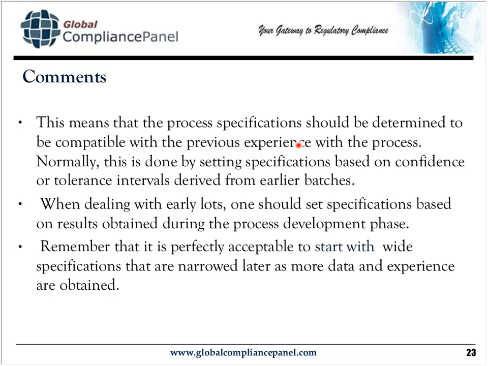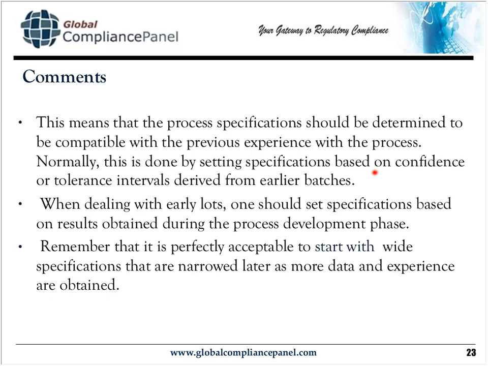Now, FDA has said repeatedly that they realize that specifications will change over time, and that it'll be necessary to adjust specs and make them evolve.